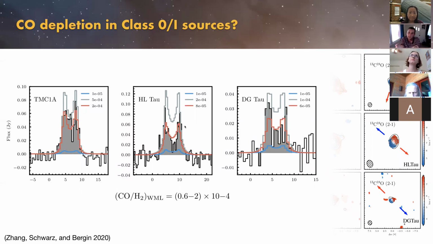You put in CO at different mixing ratios, so for example here 10⁻⁵, 2 × 10⁻⁴, 8 × 10⁻⁵. Then you do a radiative transfer model to figure out what the line flux will be for that disk, and those you compare to the observed profiles. But when you model line profiles, you're just basically getting a CO abundance, right? Yeah, and everything else is assumed. Yeah, okay.